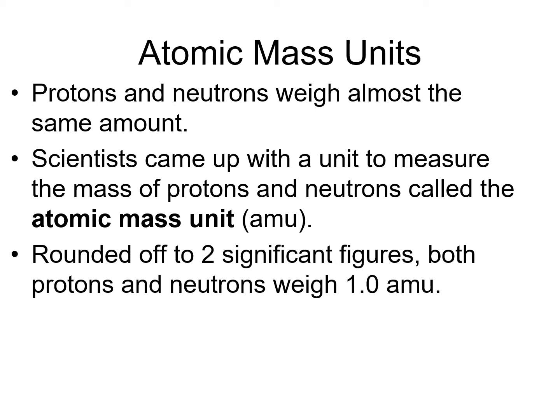So the atomic mass unit, which we will abbreviate AMU, is equal to 1 when you have a proton, and it's equal to 1 when you have a neutron.